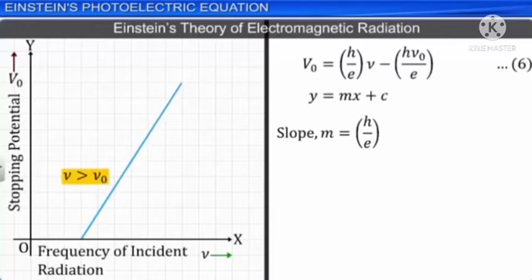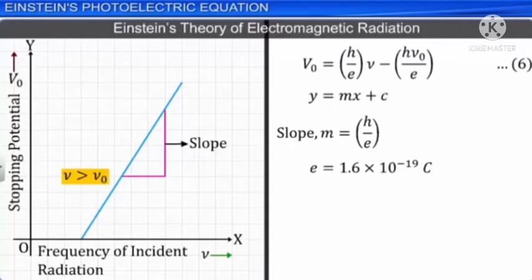Millikan performed the photoelectric effect experiment for a series of metals and found that the stopping potential V0 varied in a linear fashion with frequency, and from the slope of the stopping potential V0 versus frequency nu graph determined the value of Planck's constant using the known value of charge on electron, which is equal to 1.6 into 10 power minus 19 coulomb.